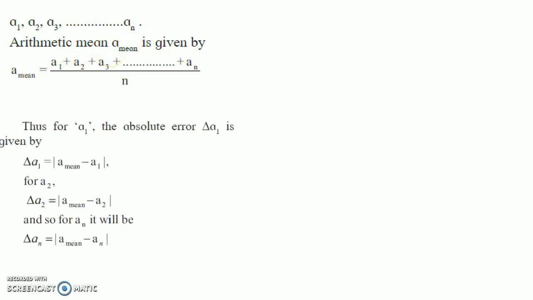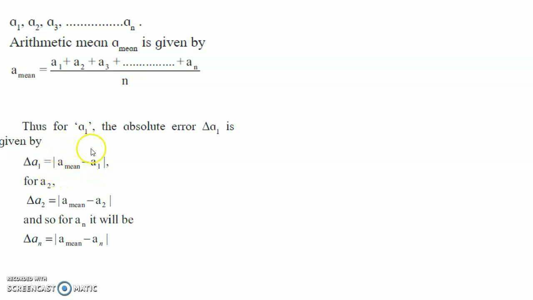So for A1, the absolute error is the error in calculating A1. The absolute error delta A1 is given by delta A1 is equal to modulus of A mean minus A1.